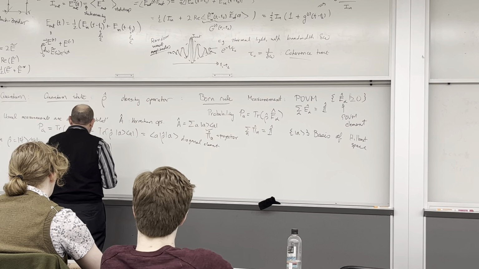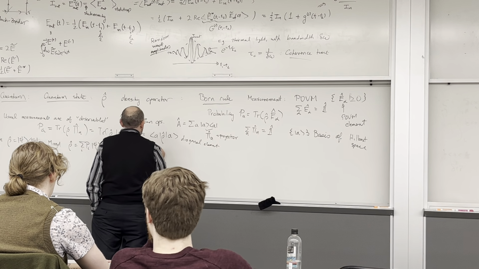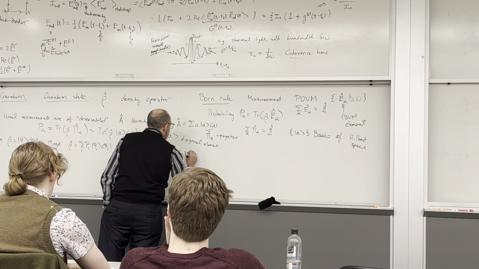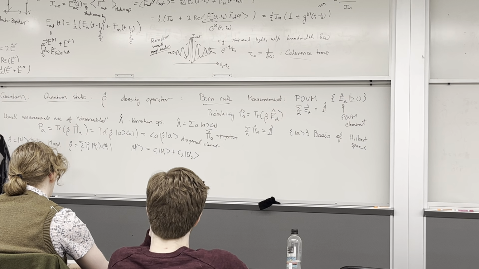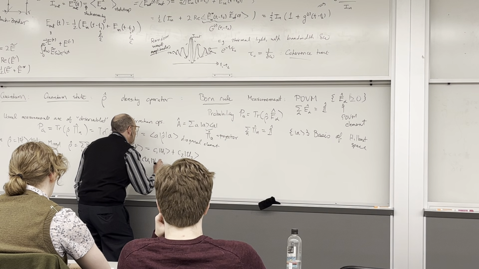Right, so quantum coherence. Let's say we have a pure state psi, which is itself a superposition, and we write it in terms of two other states, say U1 and U2. Let's say that these are orthogonal, or it doesn't really matter, let's just suppose this is true.